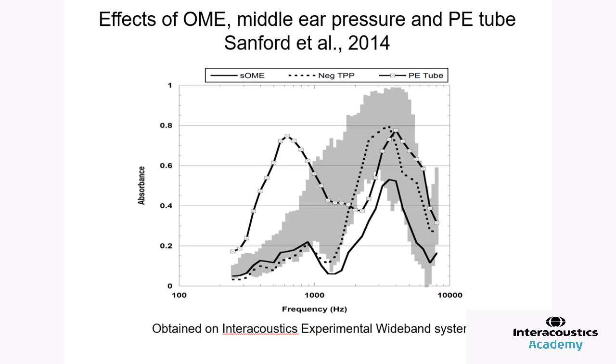So here's a good example. If you look at this graph, we've got averaged data across a large number of cases in gray, and then some individual abnormal cases.